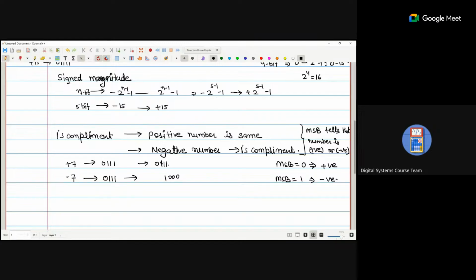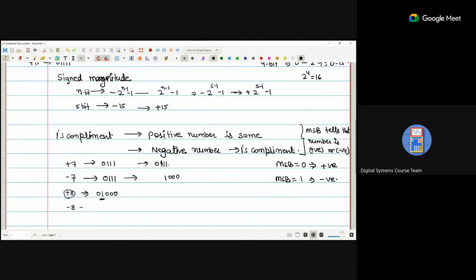Now if plus 8 is represented, plus 8 is 1000. The MSB defines whether the number is positive or negative. If the MSB is 1, we consider it a negative number, but here it is a positive number, so I use one more bit to represent that the number is positive.